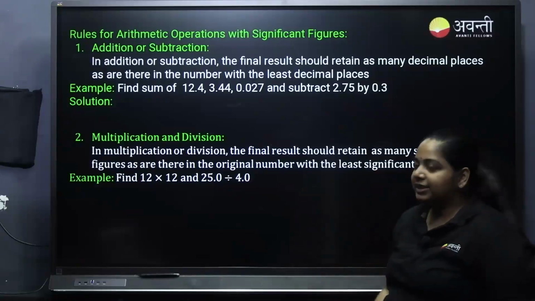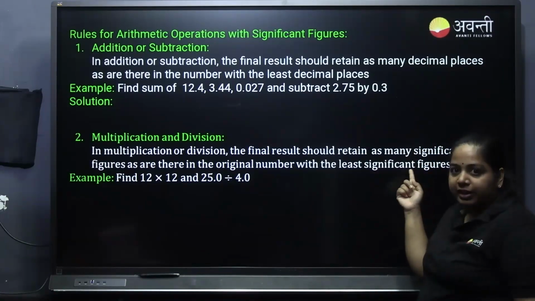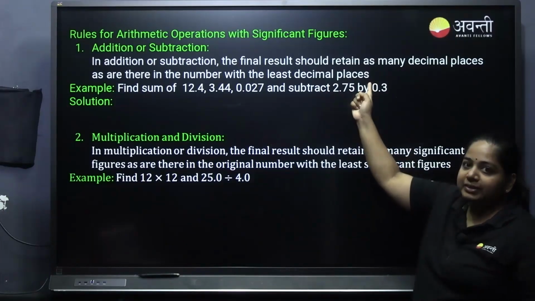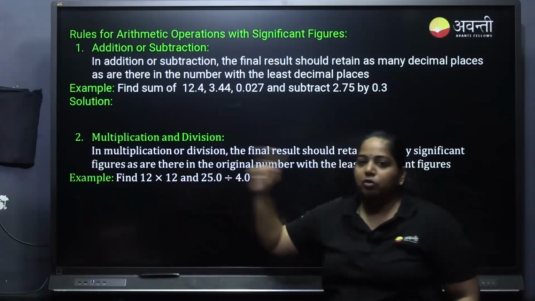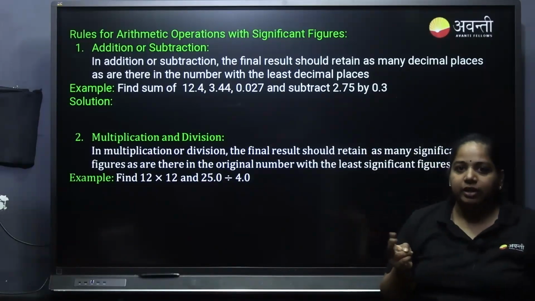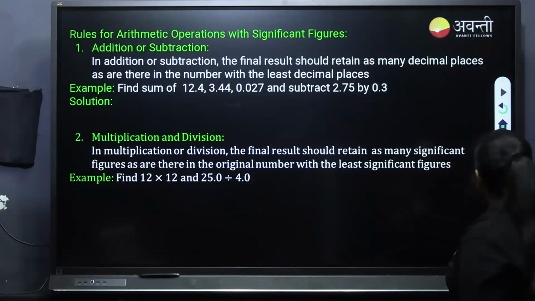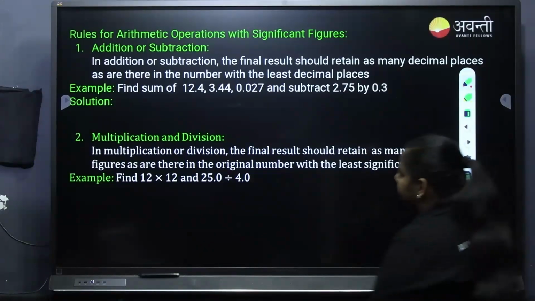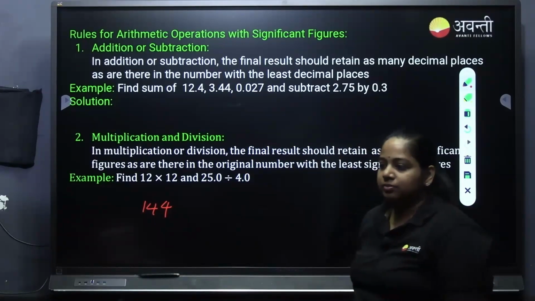Now, in multiplication and division, we are saying least significant figures. Here least decimal places, here least significant figures. So, 12 and 12, only two significant digits are there. What is 12 into 12? 12 into 12 is 144, right?